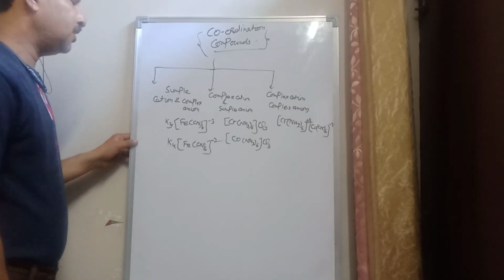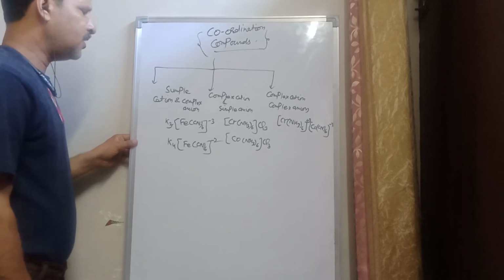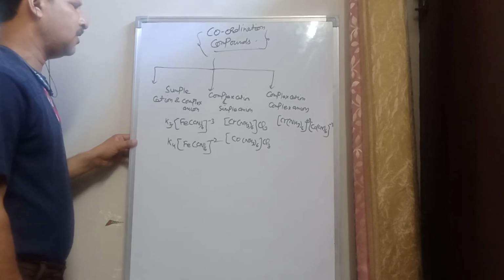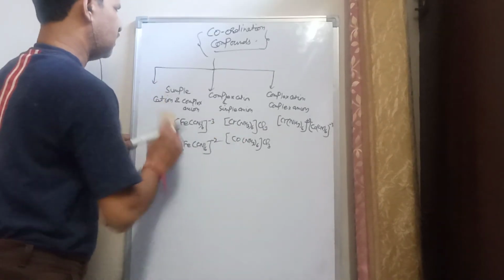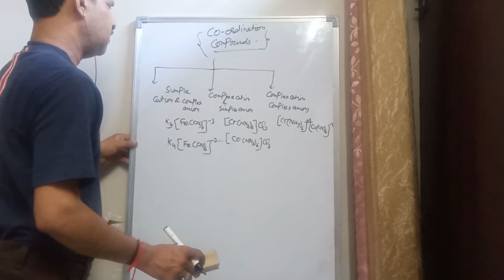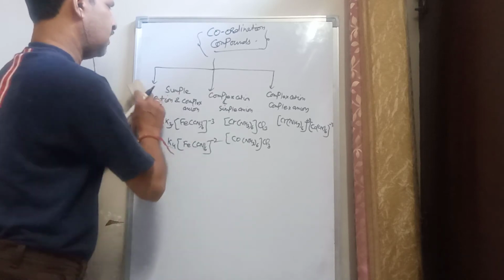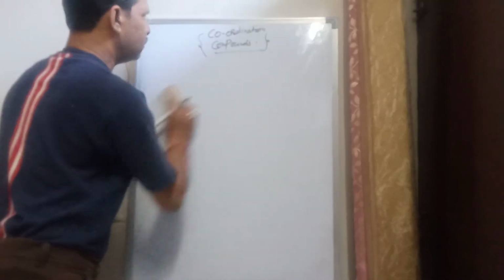Now we are going to study the important terms regarding complex salts, complex cations and complex anions, simple anion and complex cation, simple cation and complex anion. Different important terminologies we will be using here.